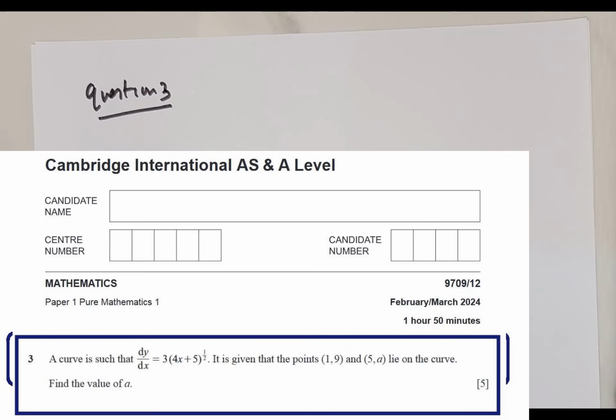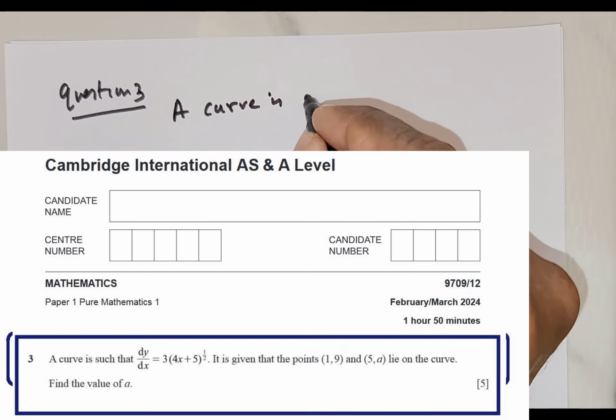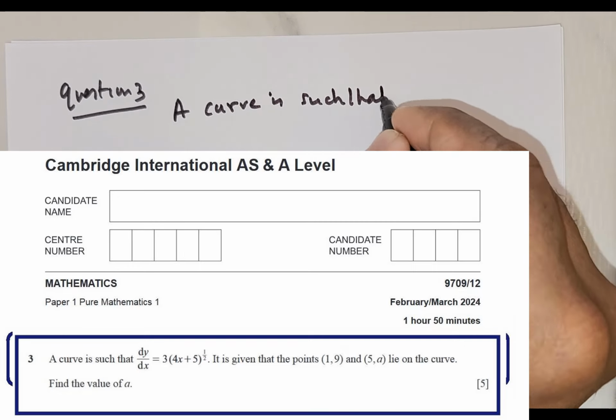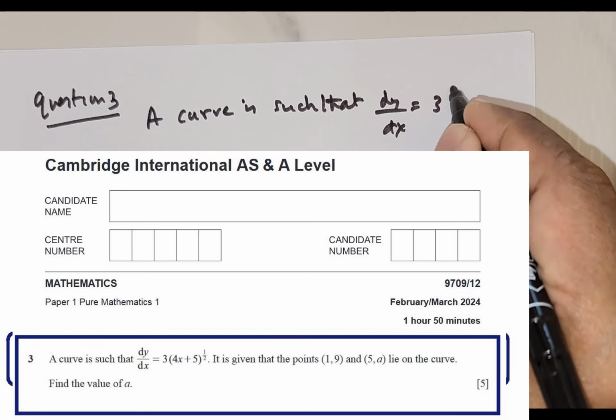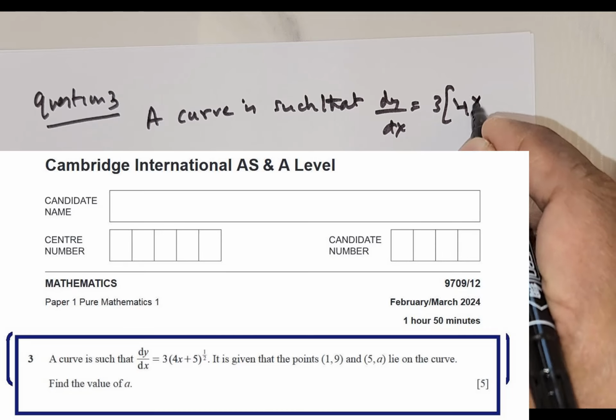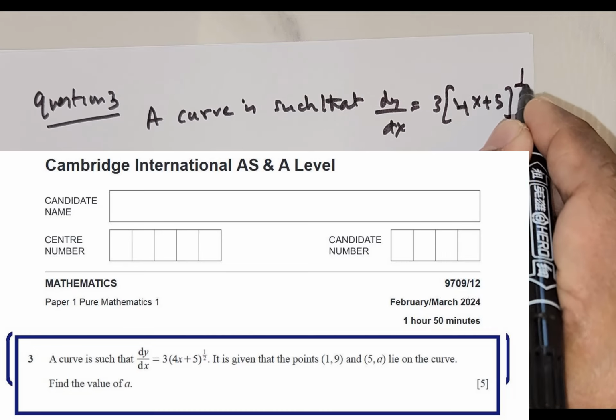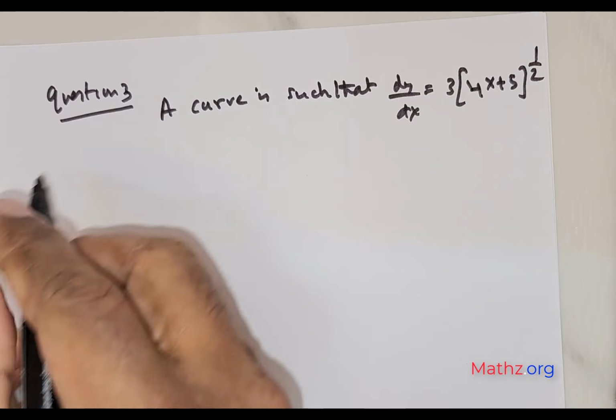Students, we move on to do question number 3. Let me state the question. A curve is such that dy over dx is given as 3 times (4x + 5) raised to the power of 1 over 2.